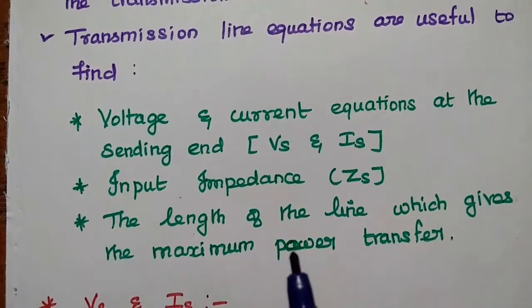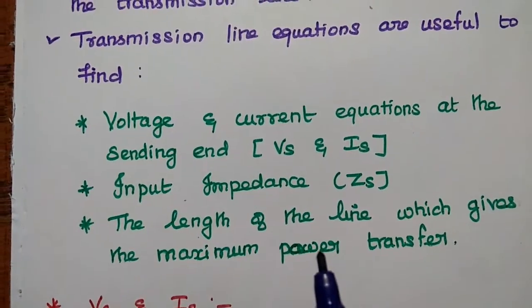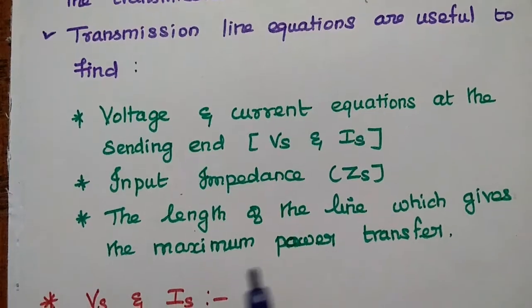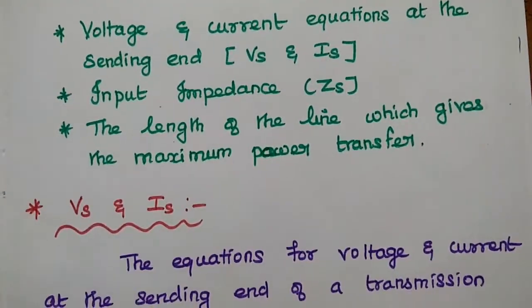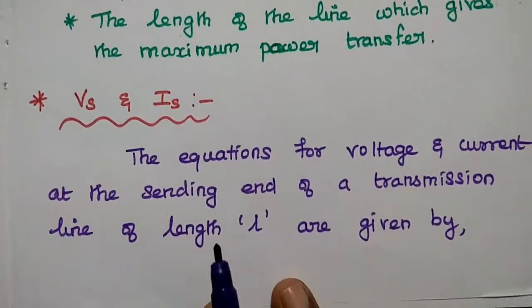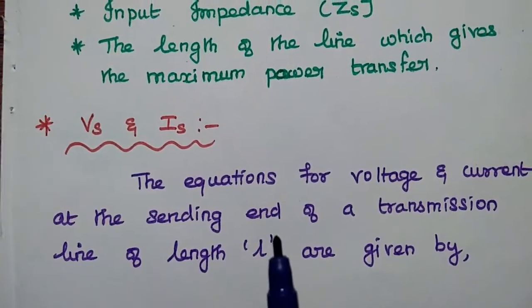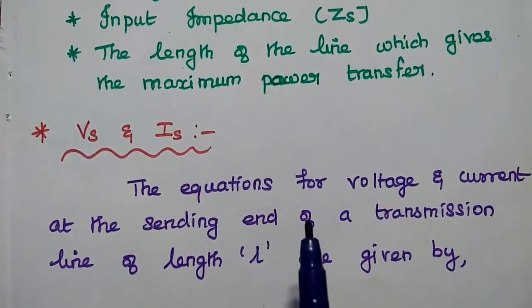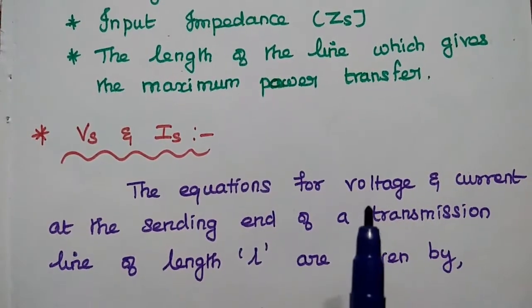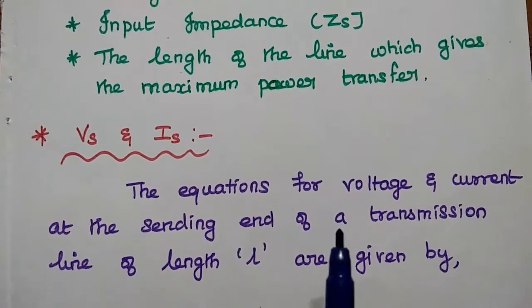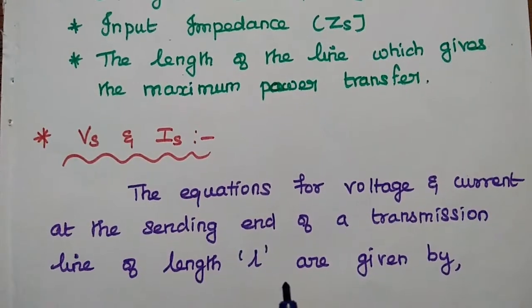So these are the physical significance of the transmission line equations. Let's see them one by one. First we are going to derive the sending current and voltage values. These equations can be obtained by considering the transmission line length as L.